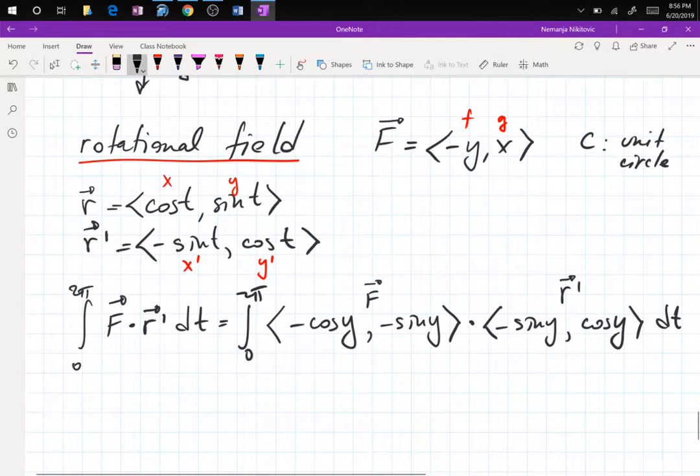So what I have in the next line is to do the dot. I missed something somewhere because I'm getting 0. I don't like it.